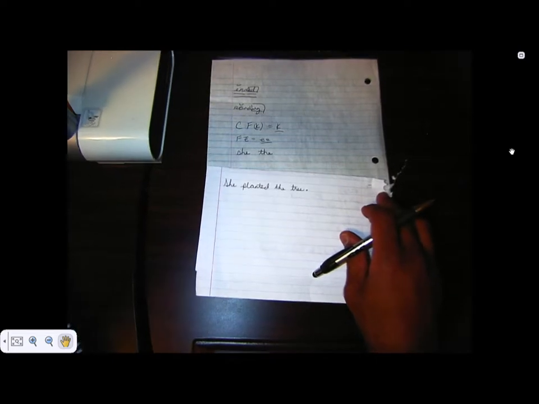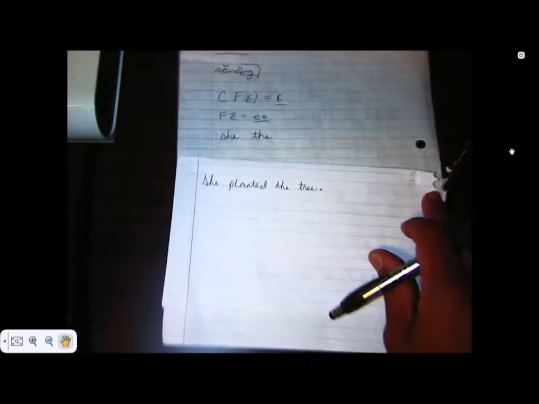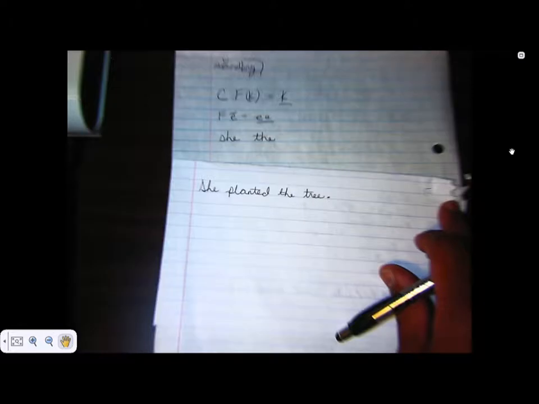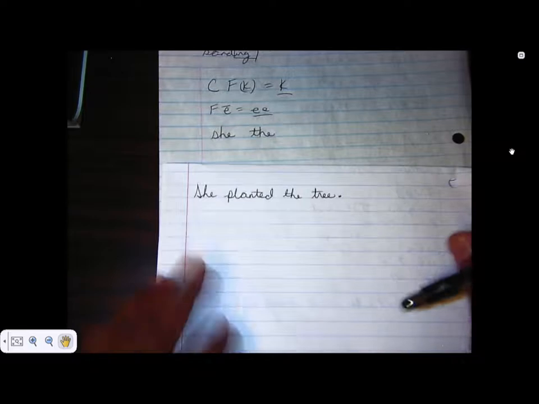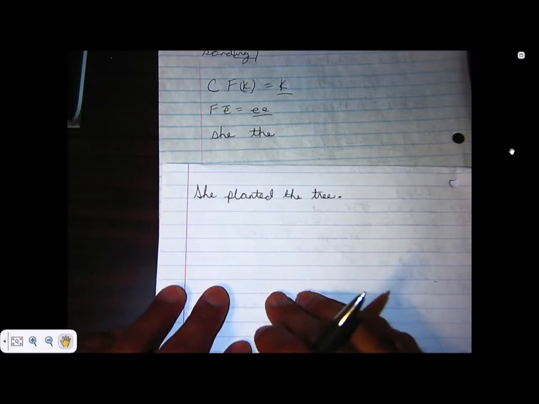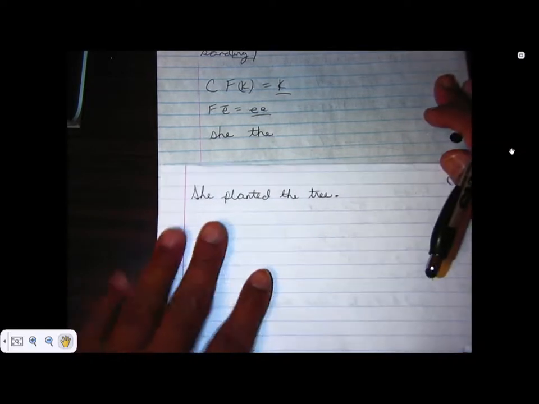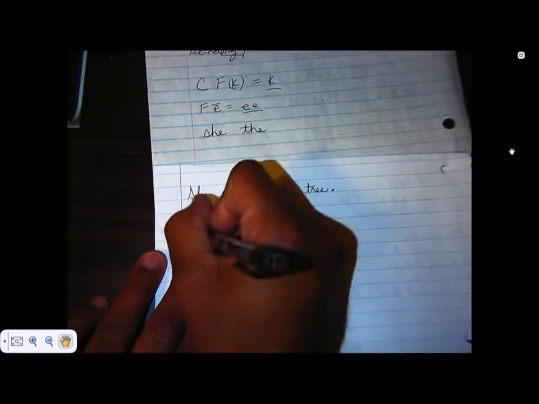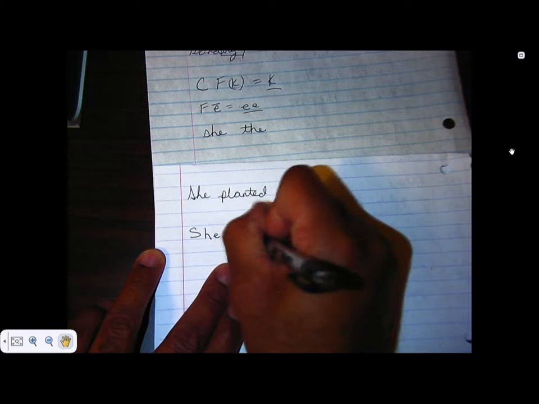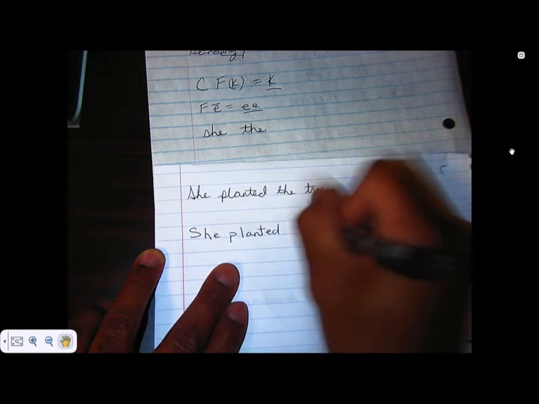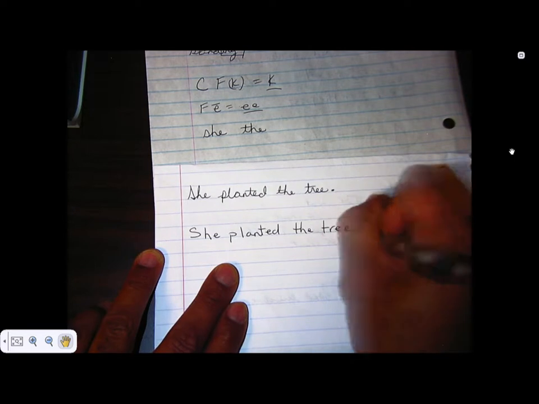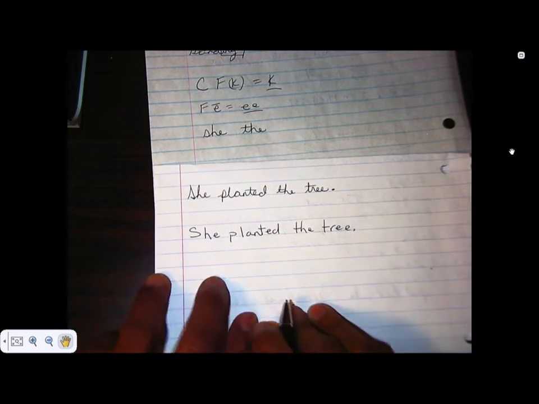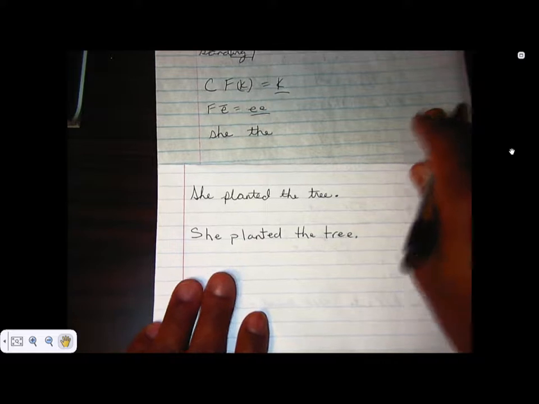She planted the tree. This is what your sentence should look like. If you wrote it in cursive, it should look like that. If you wrote it in print, I will do that as well. In either case, let's go ahead and code this.